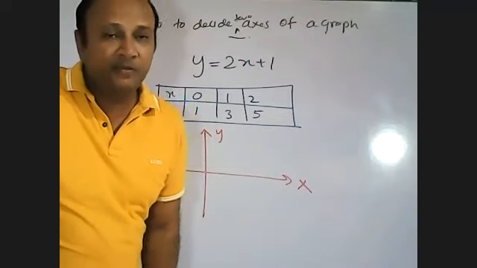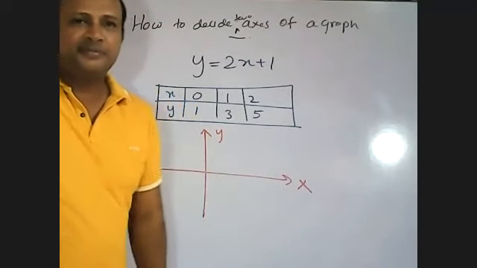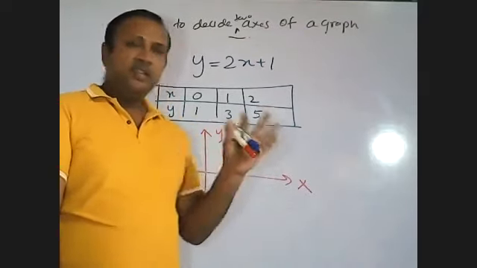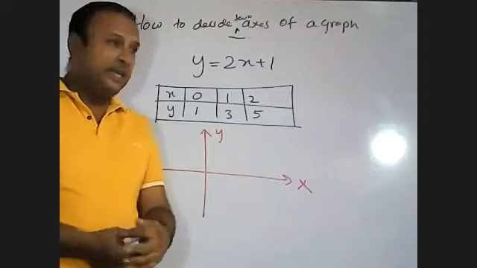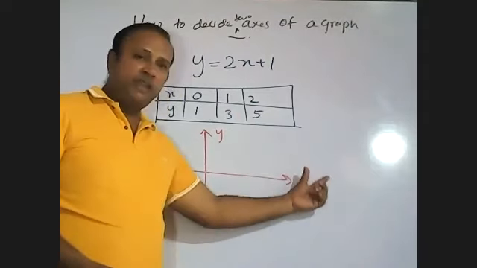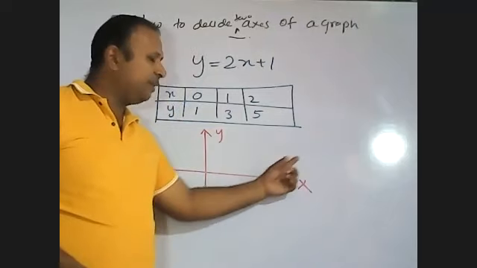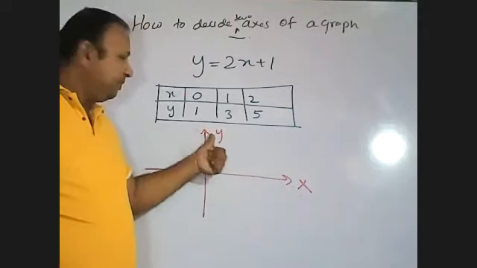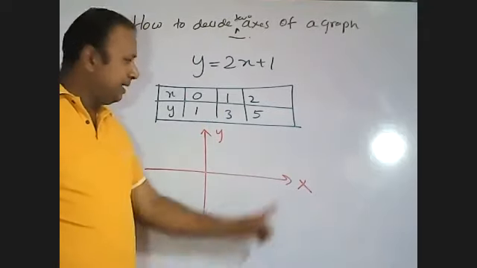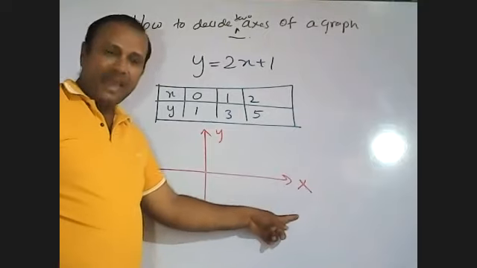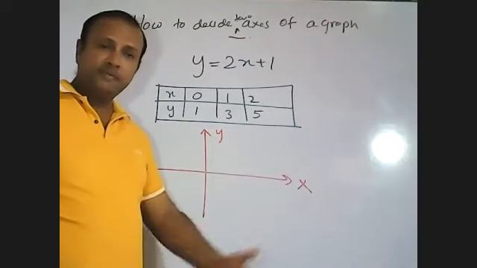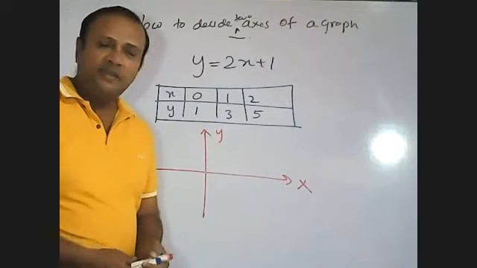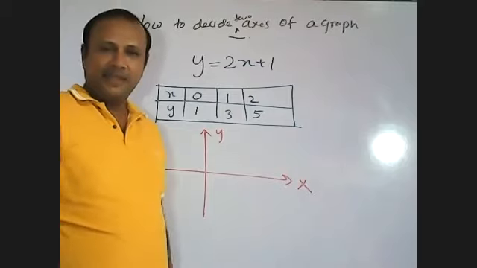Independent variable? If it is an independent variable, that means the variation of that variable does not depend on the other variable. That means this variable can vary without the variation of the other.